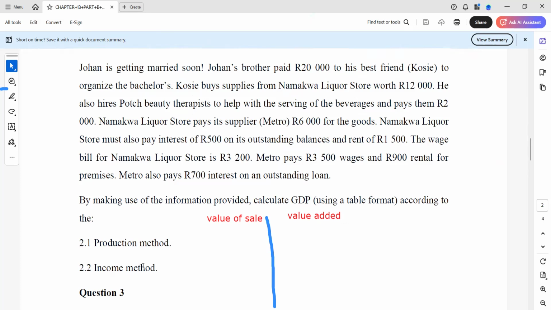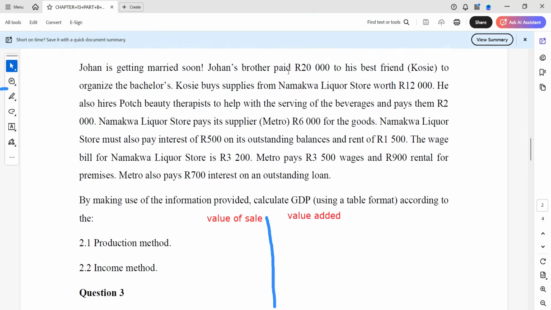Remember, the factors of production are land, labor, capital, and entrepreneurship, right? And you know that land earns rent, capital earns interest, labor earns wages, and what else? Entrepreneurship earns profits, right? All of that will go under the income method. Production method, we're just gonna be dealing with the sales, which is basically selling, and the purchasing, which is the buying of goods, right? So let's read here.